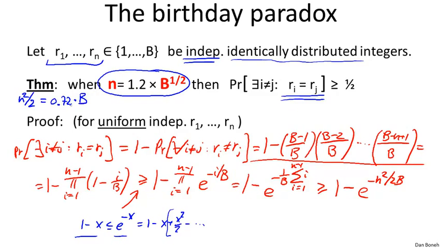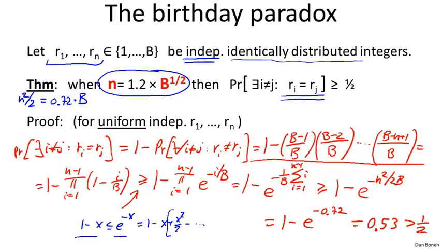So n squared over 2 is 0.72b, and as a result, n squared over 2b is just 0.72. So we get 1 minus e to the power of minus 0.72. Well, now you just plug this into your calculator and you get 0.53, which as far as I know is always bigger than a half.